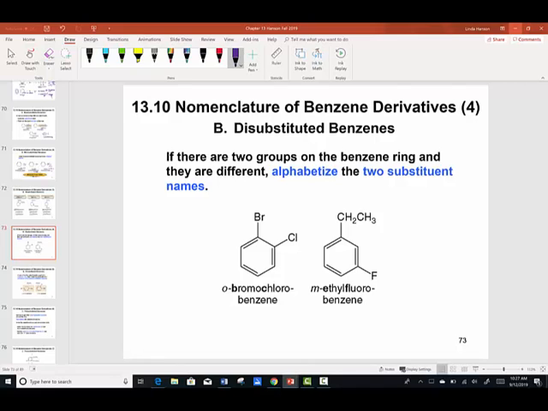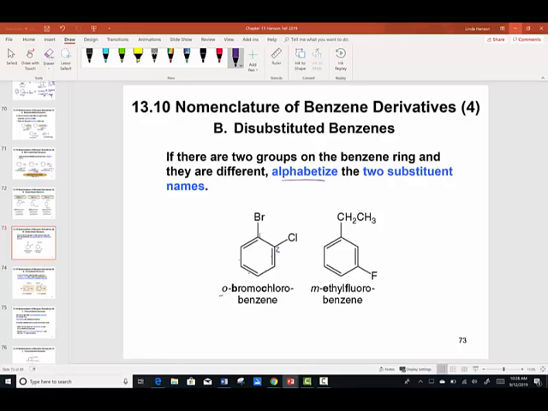So here's a set of examples to help emphasize the ortho, meta, para positions. Here's my 6-carbon ring of a benzene. I notice it's benzene because I see the alternating double, single, double, single, double, single all the way around the bond. So the ortho position puts bromo in position 1 because of the alphabetical position, and chloro would get position 2.